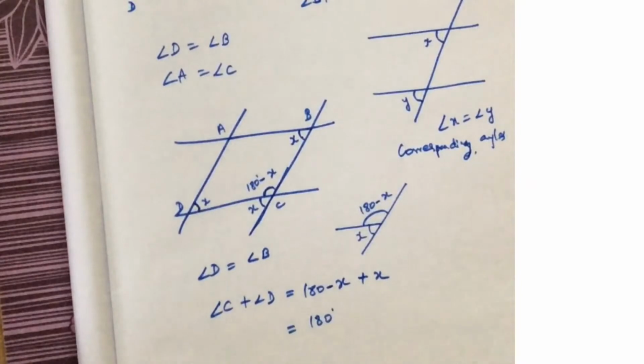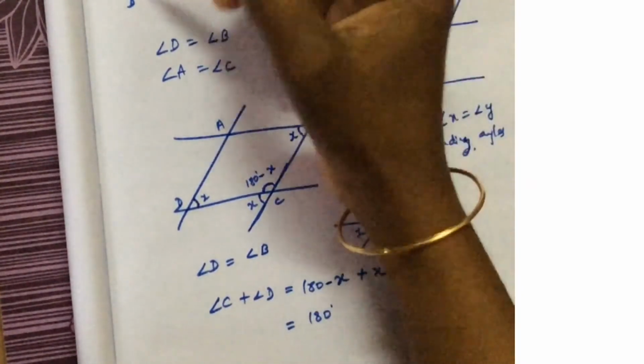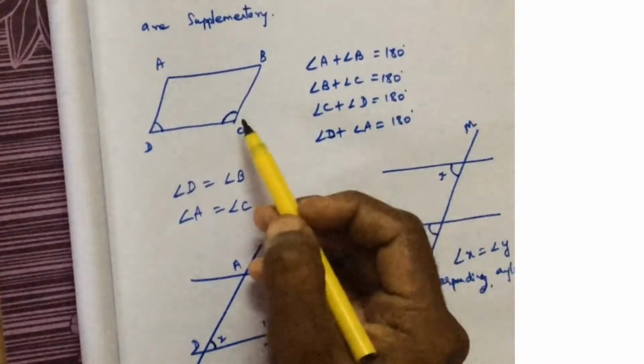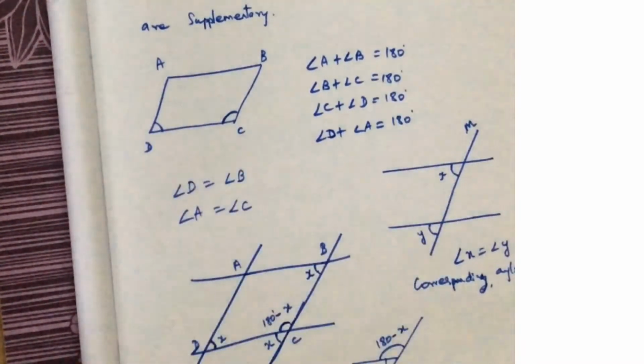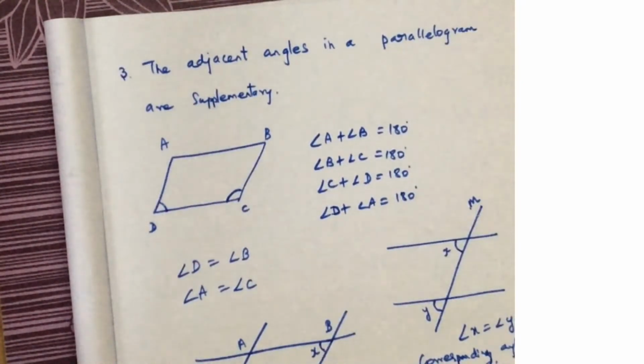This is 180. So if you add this angle C and angle D together, you will get 180 degrees. Similarly, you can prove the remaining also. So what you have proved now is that the adjacent angles in a parallelogram are supplementary.